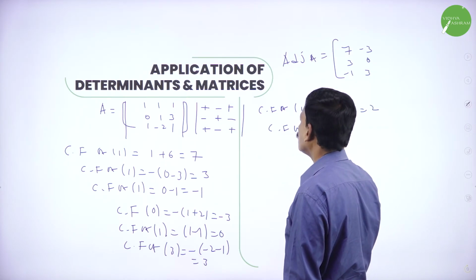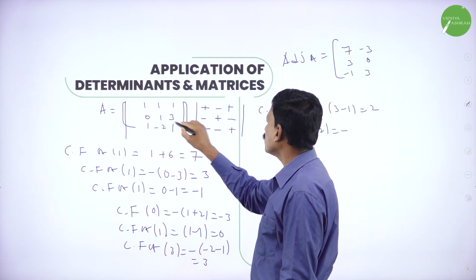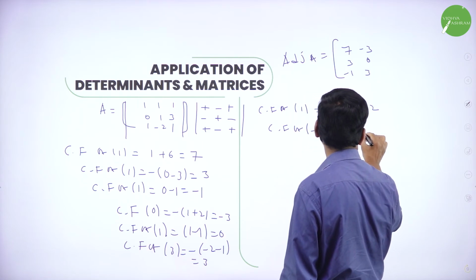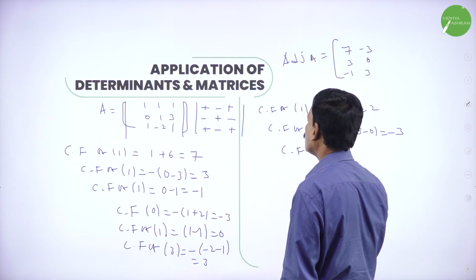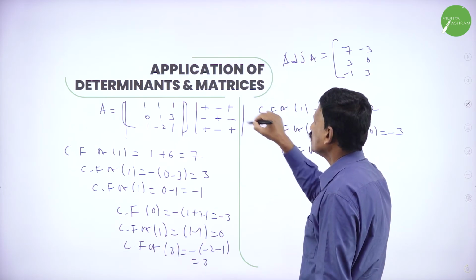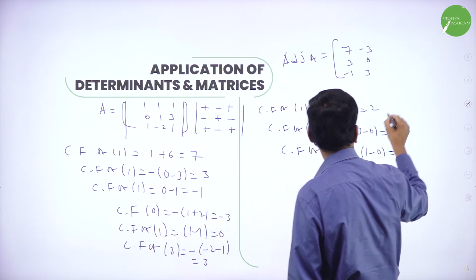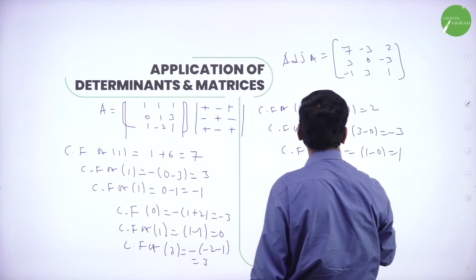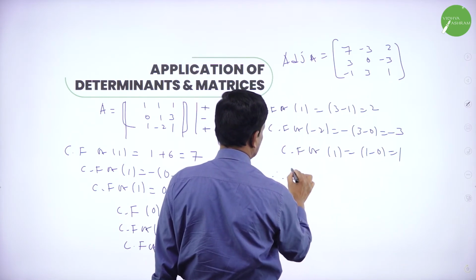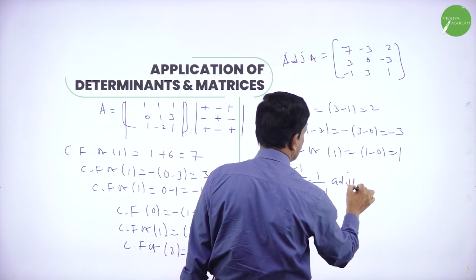Again, cofactor of minus 2 is equal to minus. This row and column is gone. 1 3 is 3 minus 0 is minus 3. And the cofactor of 1 is equal to 1 ones are 1 minus 0 is equal to 1. So, this is 2, minus 3 and 1.